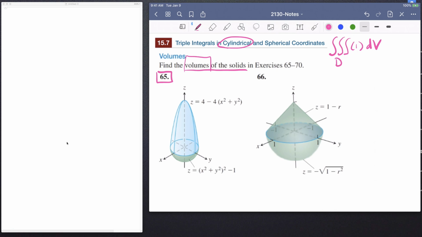Now dV we know could be dz dy dx if you choose to go the rectangular coordinates route. But if we choose to set this problem up in another coordinate system, like cylindrical coordinates, dV would be r dr d theta dz. The reason this r is here is to correct the units.